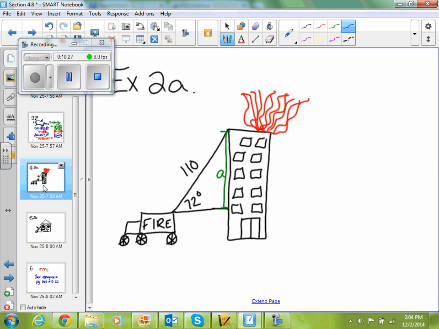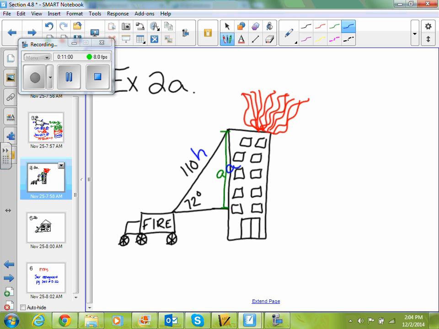So for my building, my safe rescue height would be what I labeled side A. And so let's use the information we have to find side A. So I have an angle, and I have a hypotenuse, and side A is my opposite side. So what trig identity am I going to use to find my A?